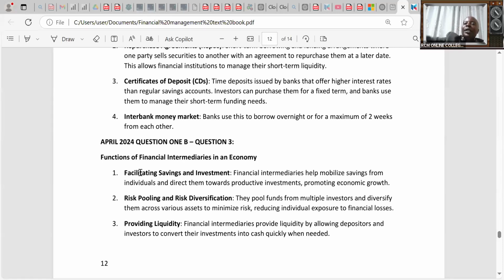So if we read this together, what were they talking about here? Highlight 6 functions of financial intermediaries in an economy. In this case, we have borrowers, and we have investors who have excess cash, and then we have a bank in between.